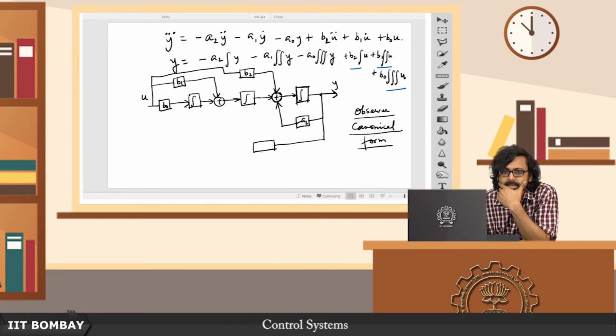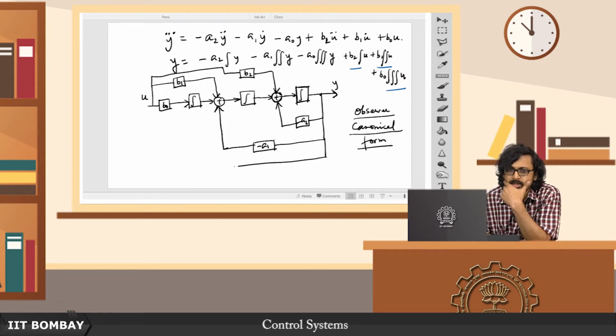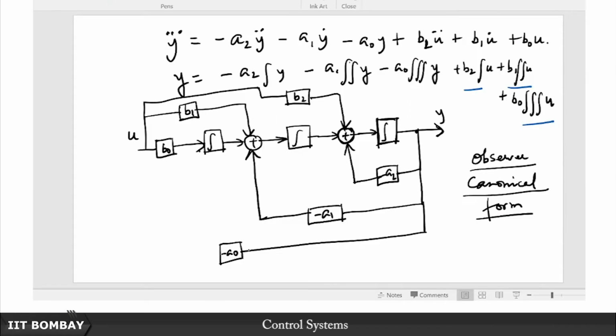Twice we need minus a1, and finally when you have to pass it thrice through the integral action, it better go through minus a0. I was missing a trick, I missed this summer here, sorry about that. So here's this summer.